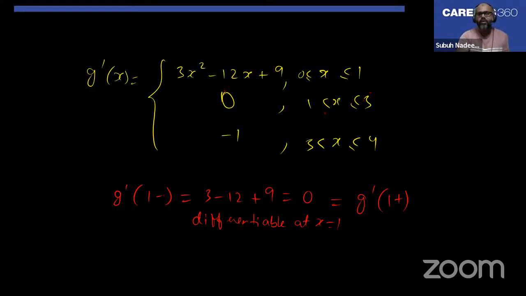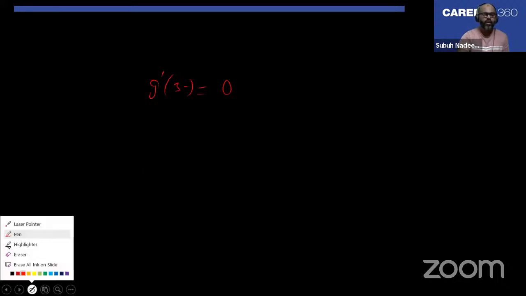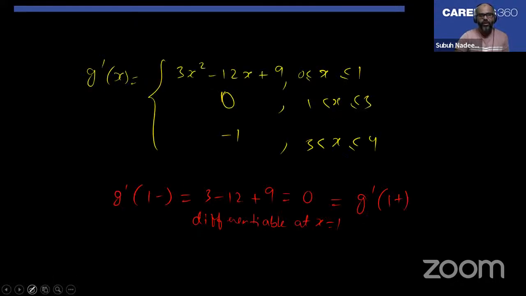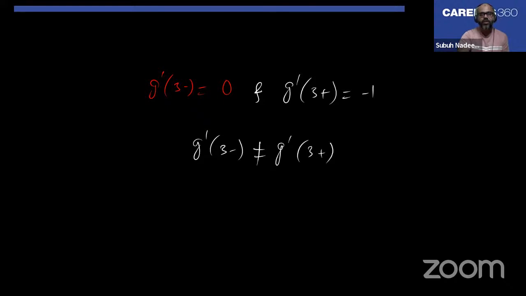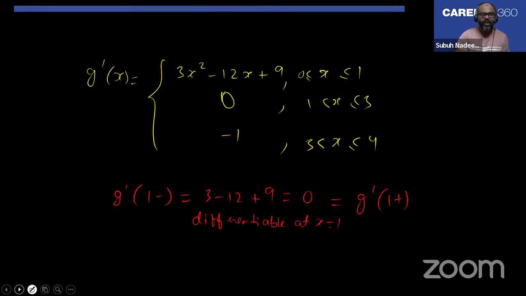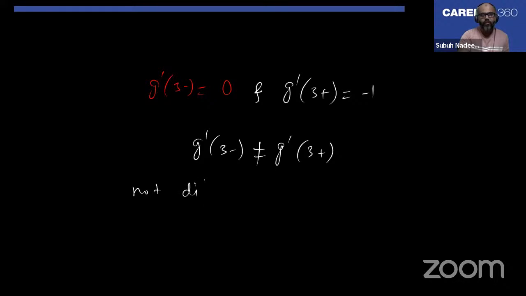But about x = 3: g'(3-) is equal to 0, whereas g'(3+) is minus 1. So g'(3-) is not equal to g'(3+), which means that it is not differentiable at x = 3.